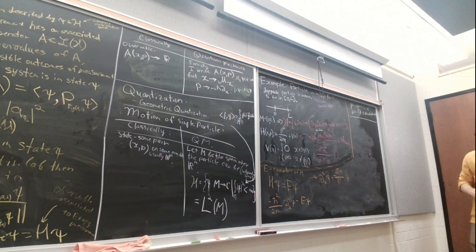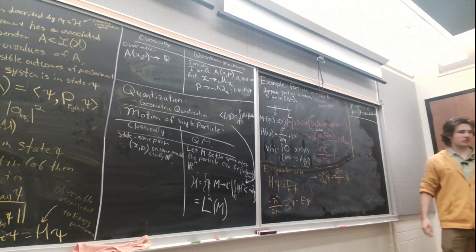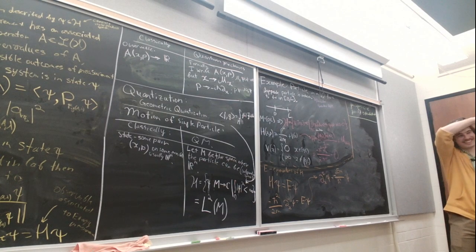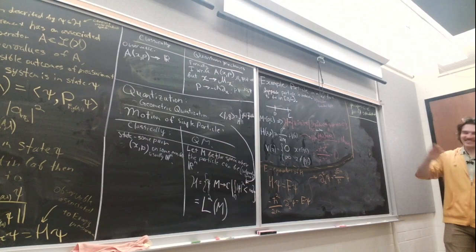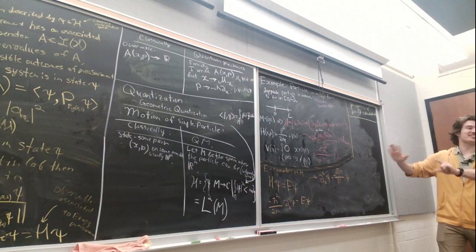The harmonic oscillator: when you solve the classical harmonic oscillator, you're literally just solving this equation. And this is what we also did in office hour. Everything so far we've done, nothing today that I haven't talked about in office hour.